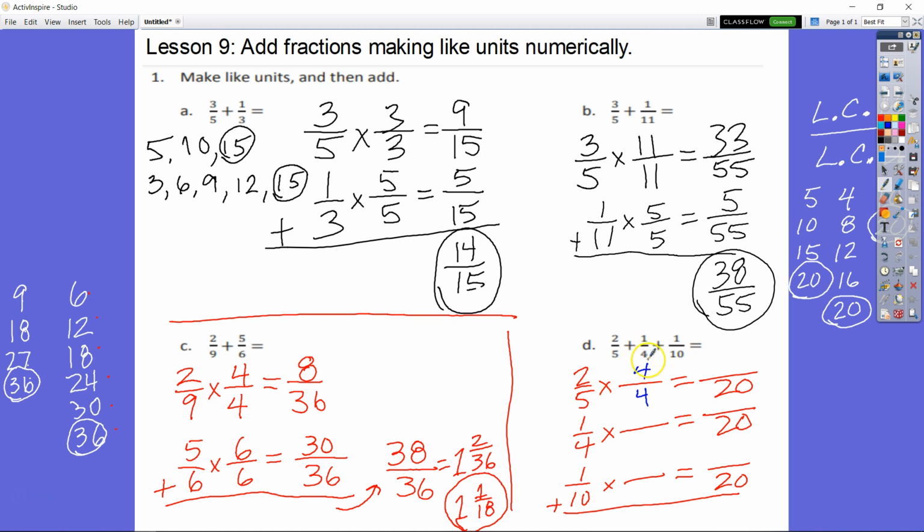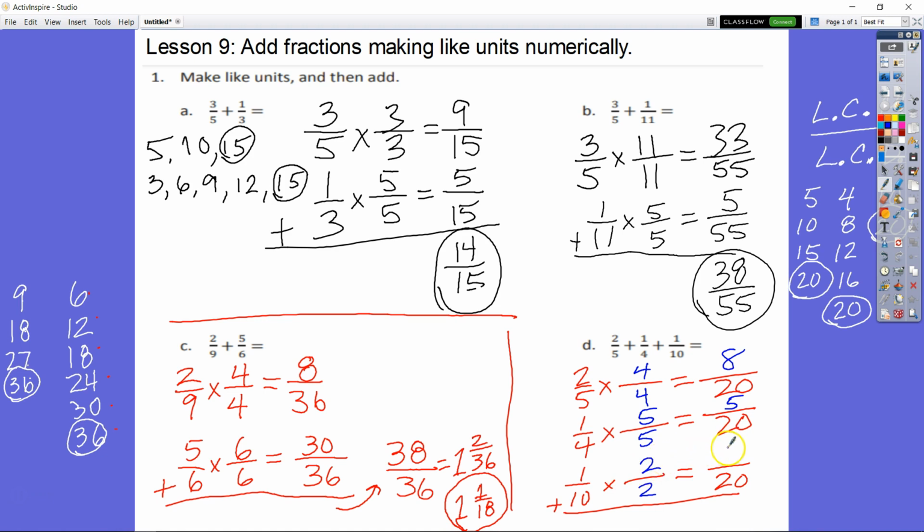So now I say, well, 2 times 4 is 8. 2/5 is equal to 8/20. Same thing here. I know that this is going to be 5 over 5 because we just said 5 times 4. So now we're saying 4 times 5. 5 times 1 is equal to 5. That's 8/20 plus 5/20. And now I have to do the last one. We know that this number is going to be 2 over 2 to get our equivalent form of 1.